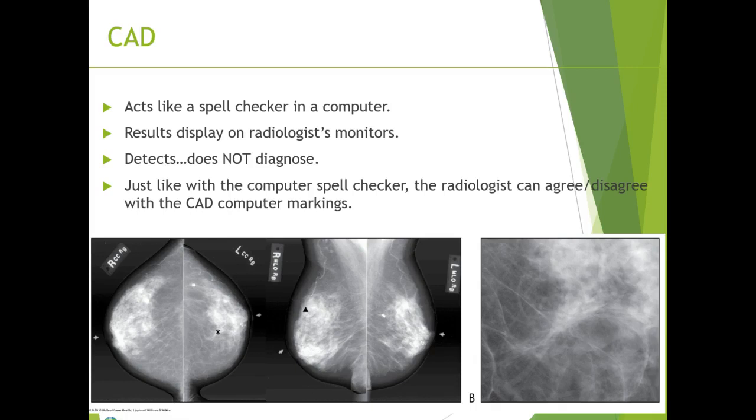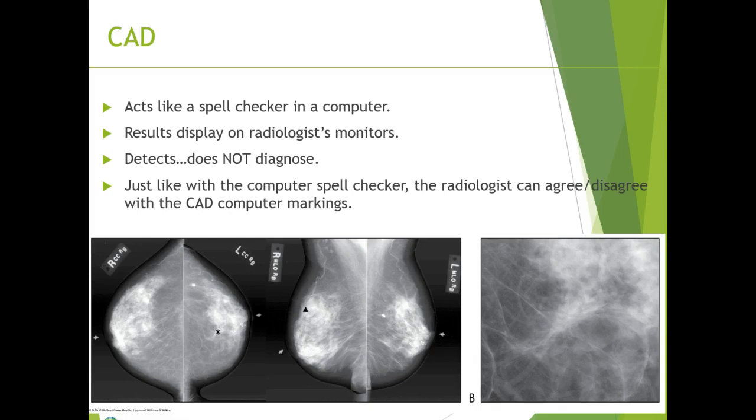Depending on the manufacturer, the X may be saying, hey, this computer thinks that there may be a mass here, check this out. Or the triangle may mean, hey, the computer detected some calcifications, check this out. Or the computer sees an architectural distortion, check this out. So nowadays, your CAD is all built in to your network.